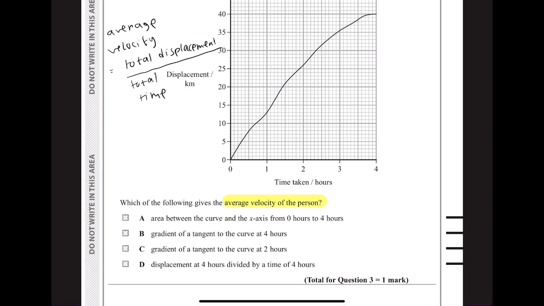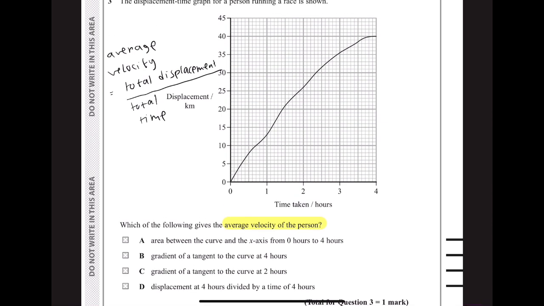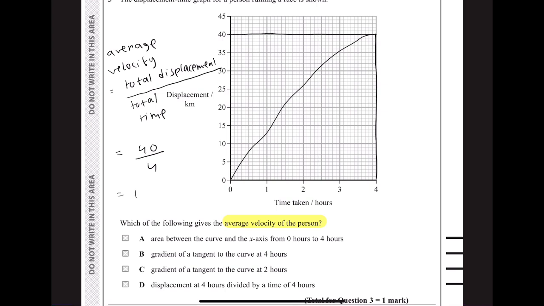From the graph, we can see the total displacement of the person is 40 kilometers, and the total time he took is 4 hours. So you simply have to do 40 over 4, and you will get 10 kilometers per hour.